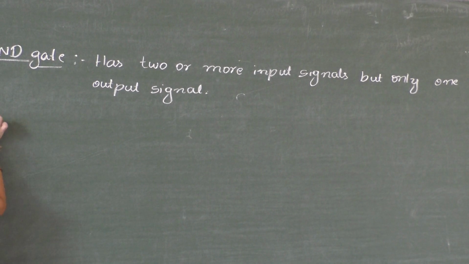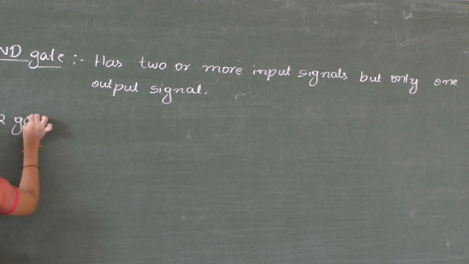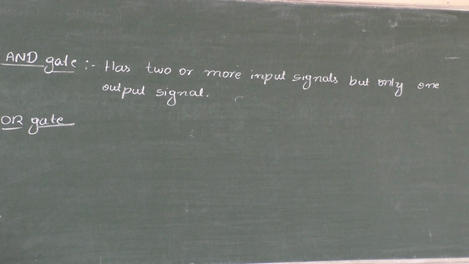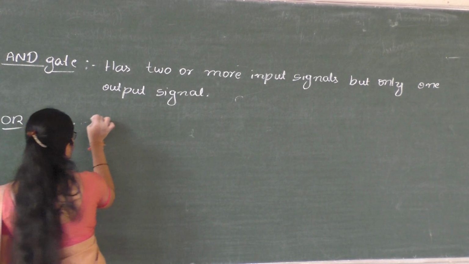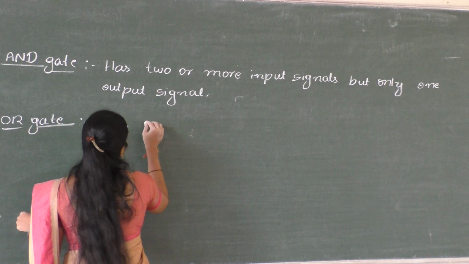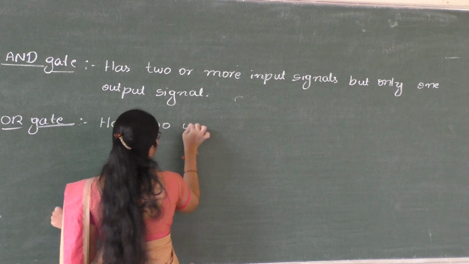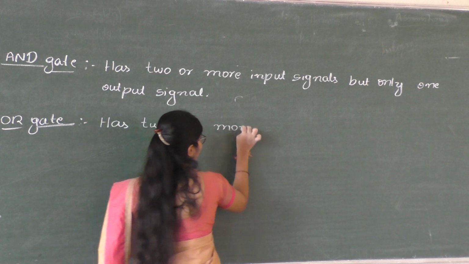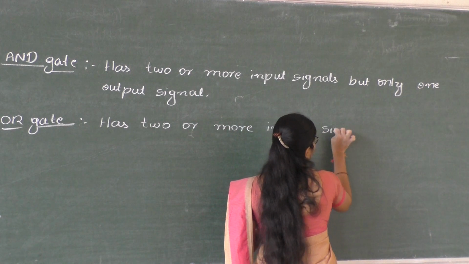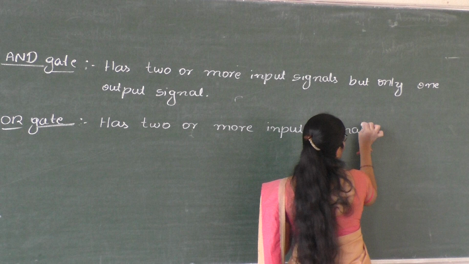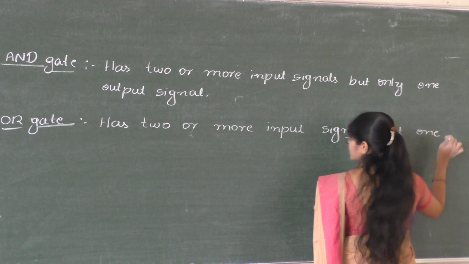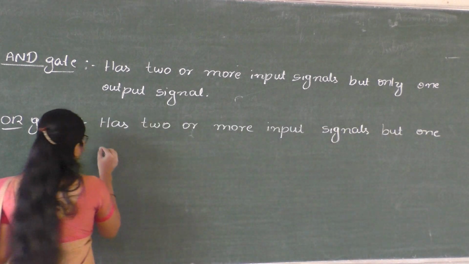Next, OR gate also has two or more input signals but one output signal.